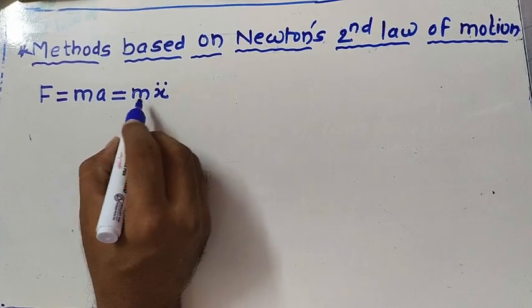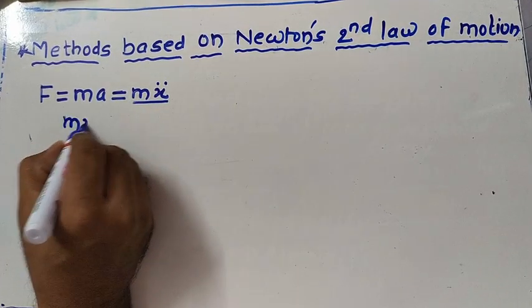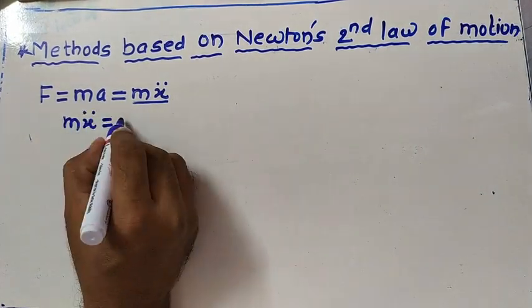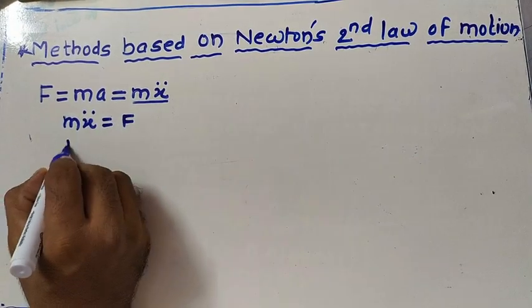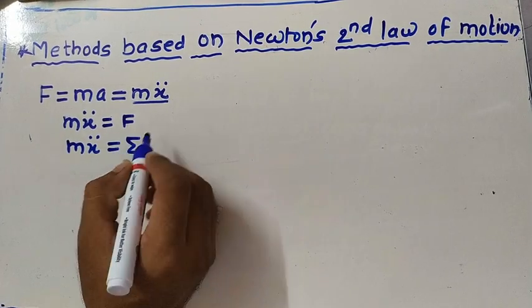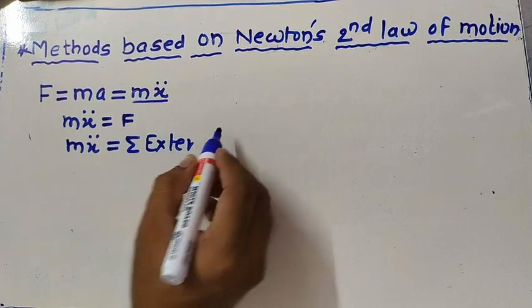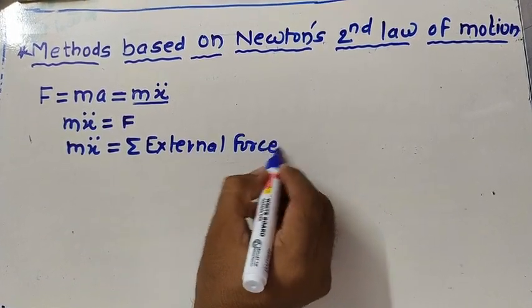So this indicates the accelerating force. Accelerating force equals to, so what about this force? I'll write this force here, summation of all the external forces. Now this becomes easy for us to read.